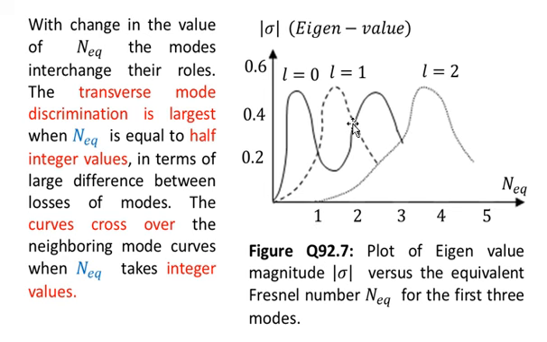And the L equal to 1 mode also meets the L equal to 0 mode for the second time at a value of N_eq equal to 2. Similarly, the L equal to 0 mode meets the L equal to 2 mode at the value which corresponds to N_eq equal to 3, that is the Fresnel number equal to 3. So these neighboring modes meet at integer values of N_eq.